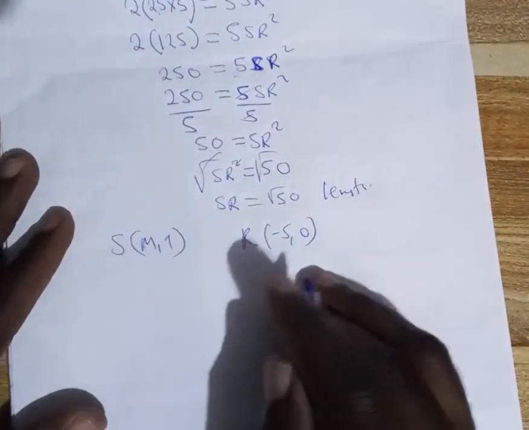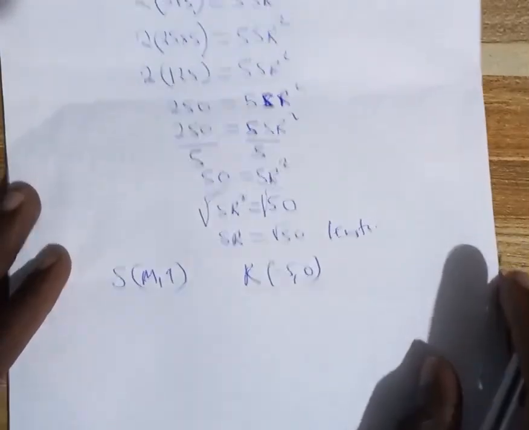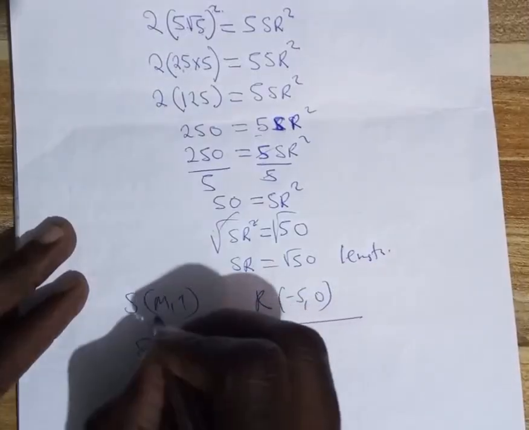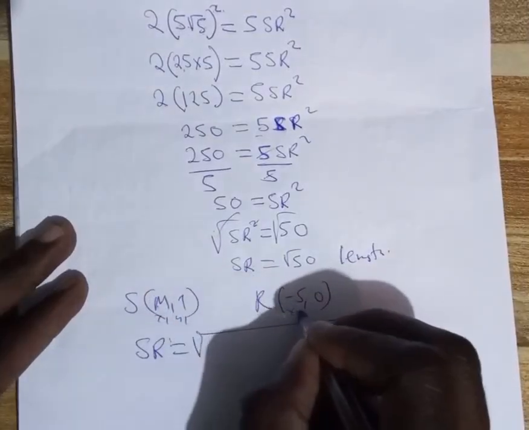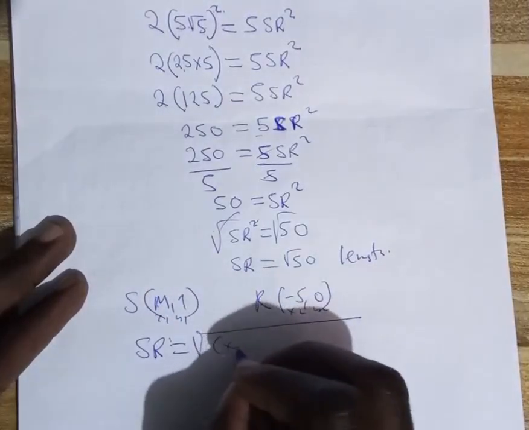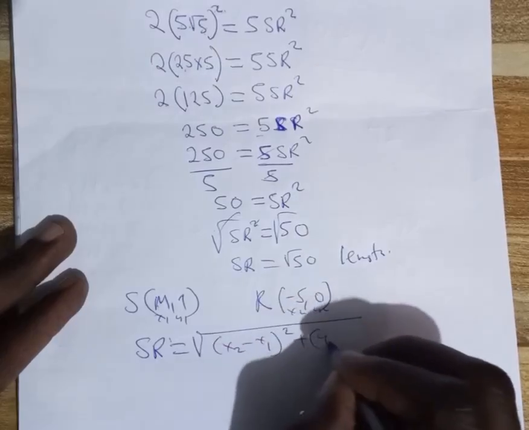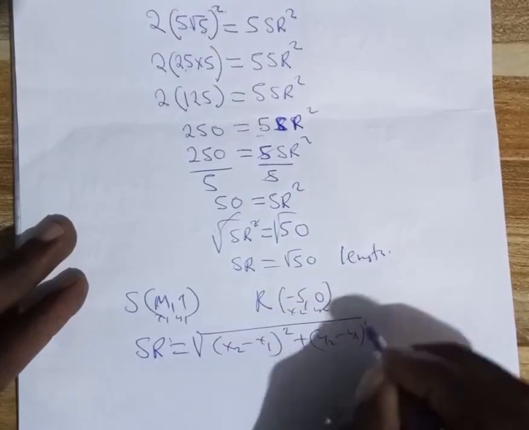We are going to write the SR formula, which is equal to square root. This is x1, y1, x2, y2. The formula, don't forget, is x2 minus x1 squared plus y2 minus y1 squared.